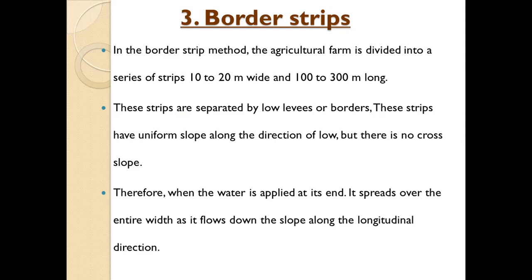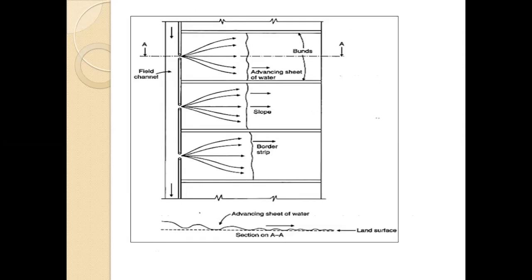So it is easy to supply water all over the agricultural farm because of the slope which is provided in the longitudinal direction. The water spreads over the entire width naturally, because we provided a slope along the longitudinal direction, so it automatically spreads all over the farm. As shown in the figure, there are border strips provided with slope.